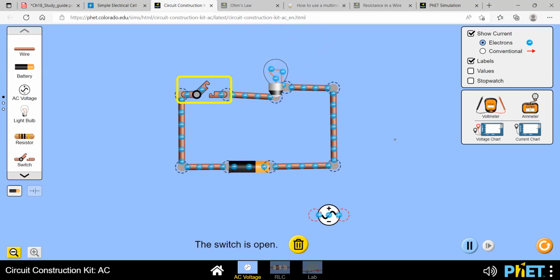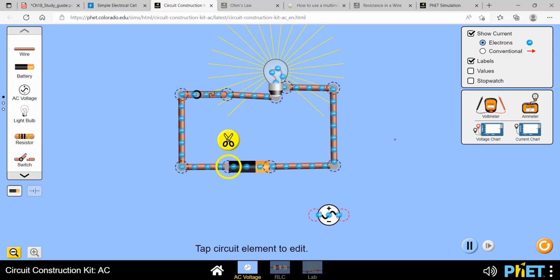When the switch is closed, you see that electrons are flowing, I mean charge is flowing, and you see that the bulb is glowing. So this is a circuit. Now here you see that electrons flow from the negative terminal. The negative terminal is this one, the bottom of the battery, so it's flowing in this direction, from right to left.